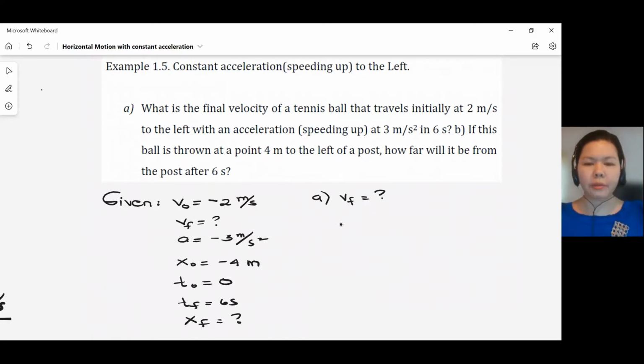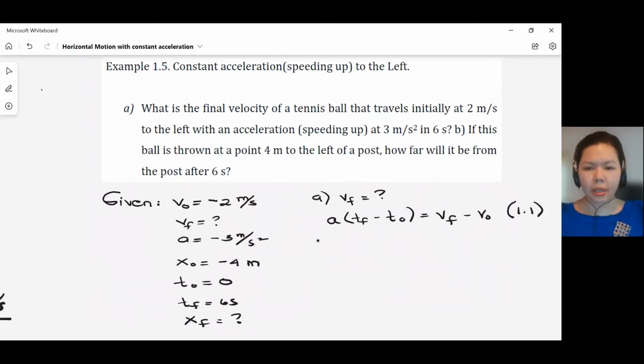So we have three options again, the equations 1.1, 1.2, 1.3, and with the given, we can use 1.1 to solve for the V F. We have A times T F minus T O equals V final minus V initial. This is the equation 1.1.